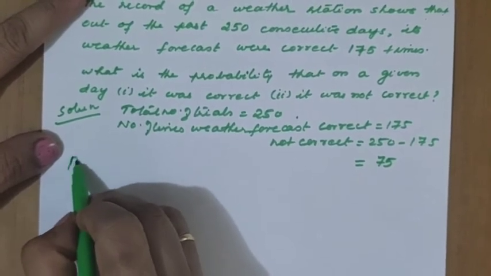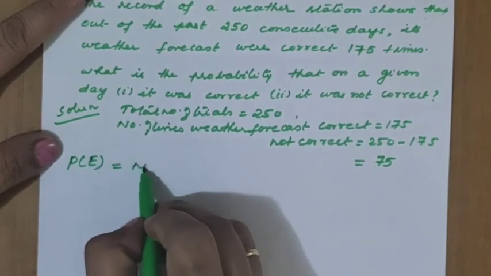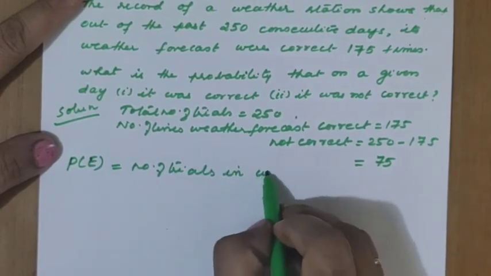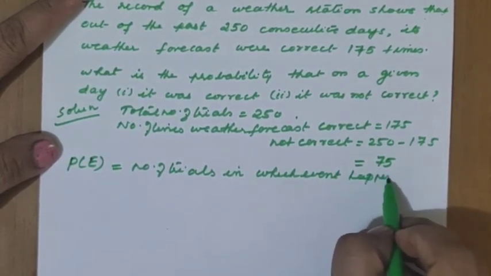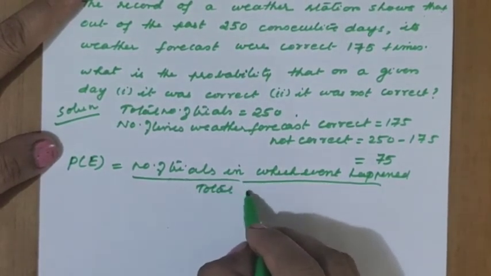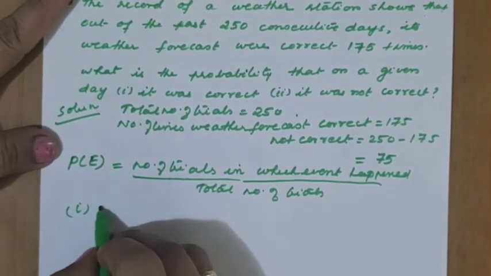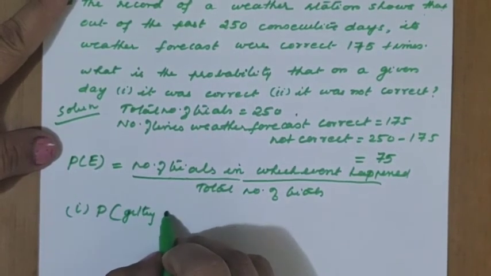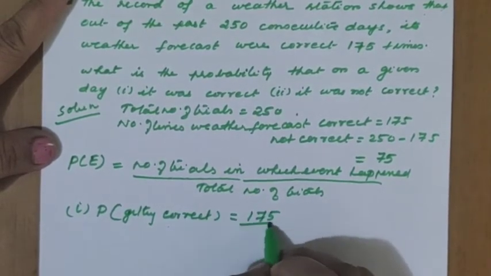Now what is the formula we will write? We will write the first formula only. Probability of any event E is number of trials in which the event happened divided by total number of trials. So the first one, it was correct: P of getting correct equal to 175 divided by 250.